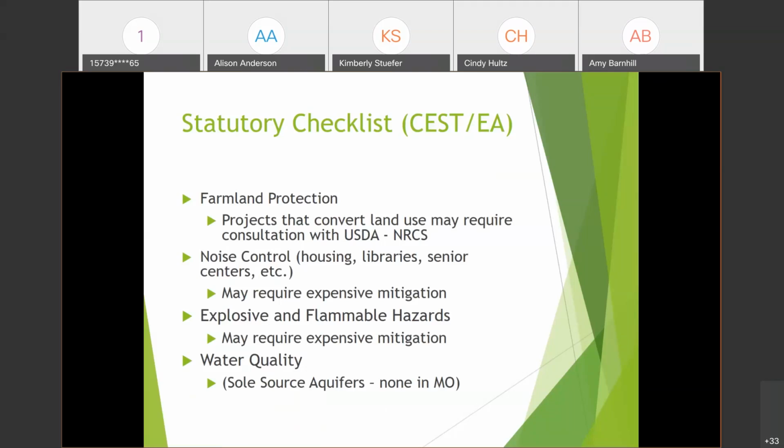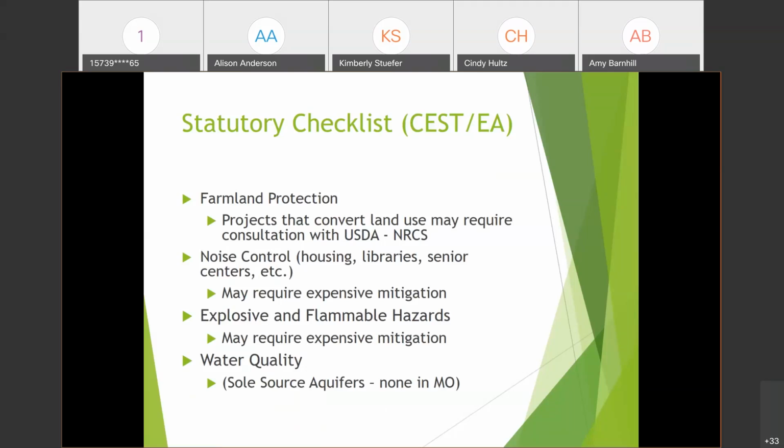And so you would have a map that shows major noise sources identified in proximity to the project site. And if necessary, there is a noise assessment on the HUD exchange that you would have to complete and document in your file.